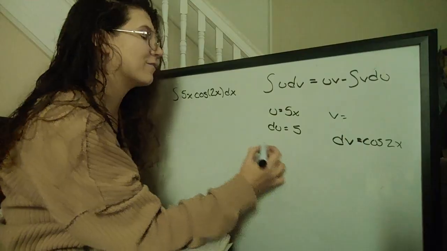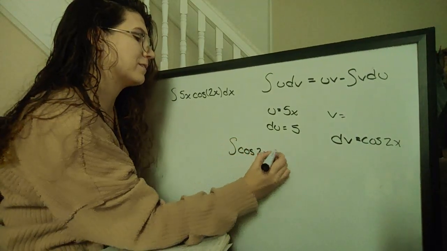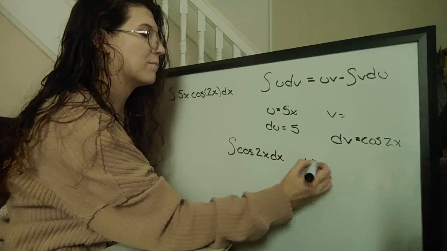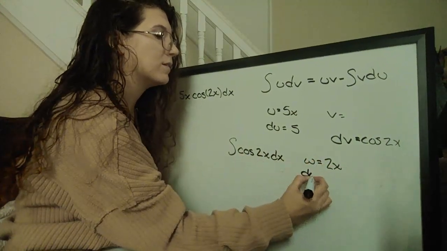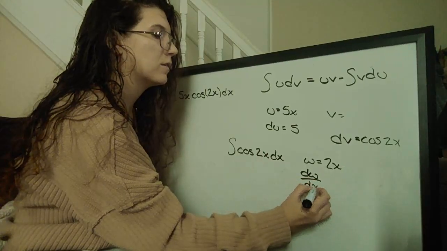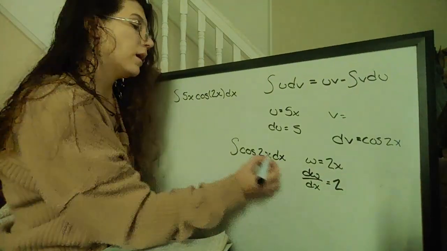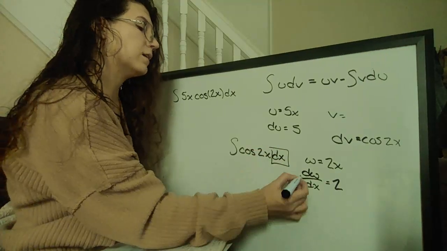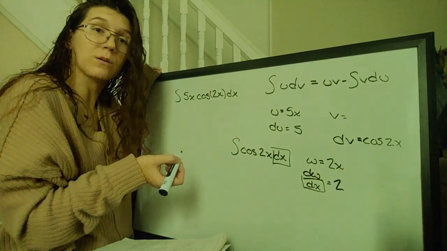If I have cosine 2x dx, and I set my w equal to 2x, then I need dw dx, so I take the derivative of this, which equals 2. I have a dx here and a dx here, so I can solve for that dx with some algebra.